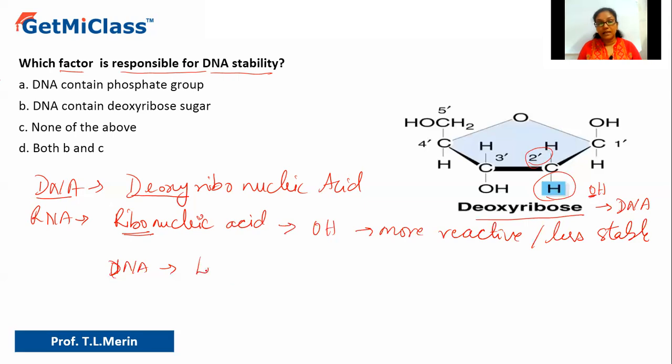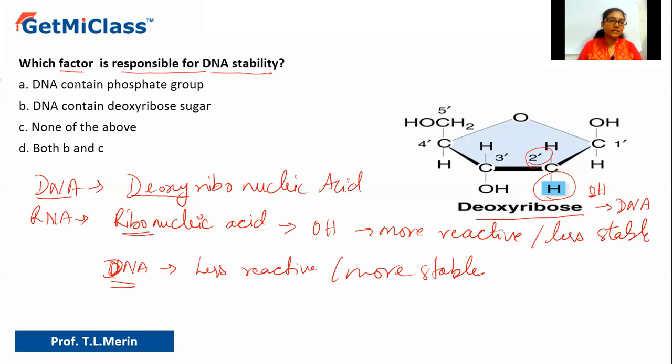So it is less reactive and more stable compared to RNA. That is a very important point, you have to remember it, because that is the reason why DNA is the genetic material, not the RNA in case of all the eukaryotes.